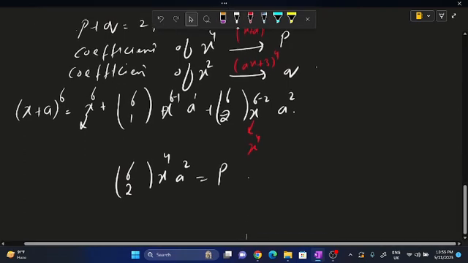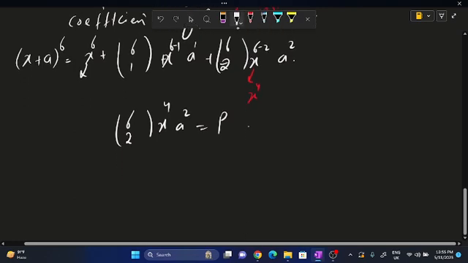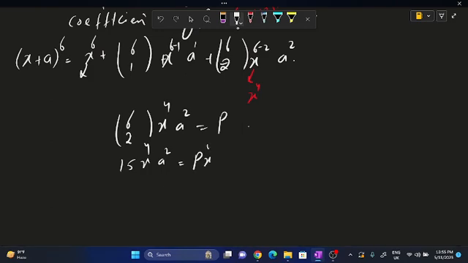That gives you 15. So it can be written as 15 x^4 a squared, which equals p x^4, because that's the coefficient of x^4. The x^4 cancels, and that gives you 15a squared equals p. It means that you got one value of p, that is 15a squared.